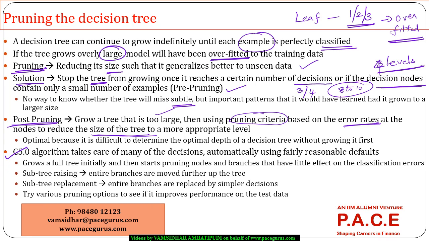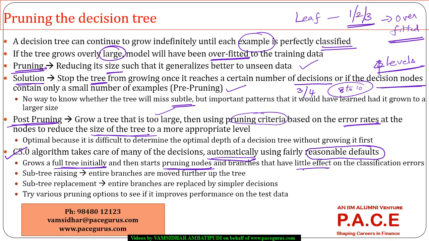But when I am looking at C5.0 in specific, many of the decisions are taken automatically. So the tree size is also typically taken based on a default. What it simply does is it grows a full tree initially, then it starts pruning the nodes.